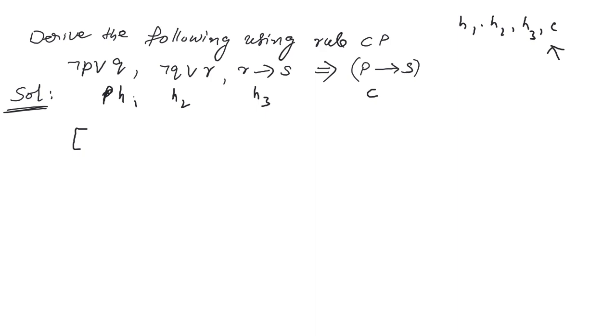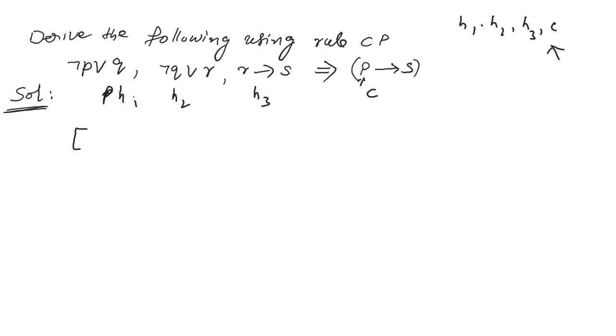That means after the arrow there is the symbol S. After taking this P as an additional premise under all these premises, we want to show that S is the consequence. Then by rule CP, P conditional S follows. So this is the basic idea.